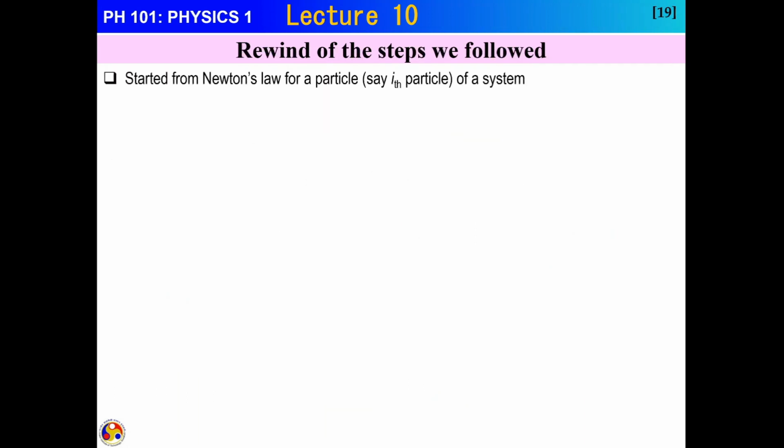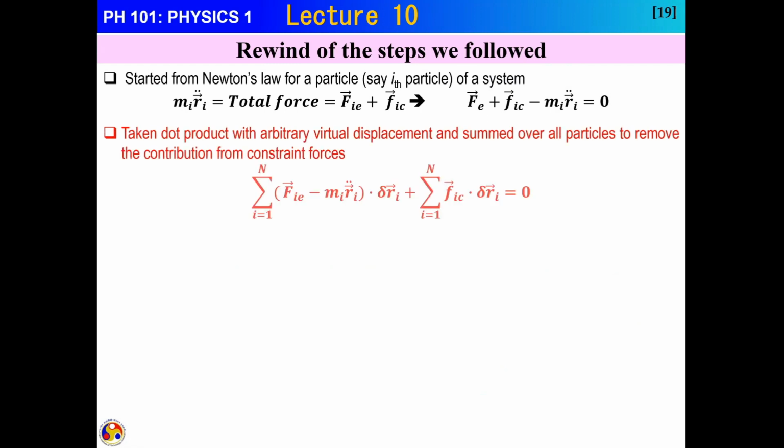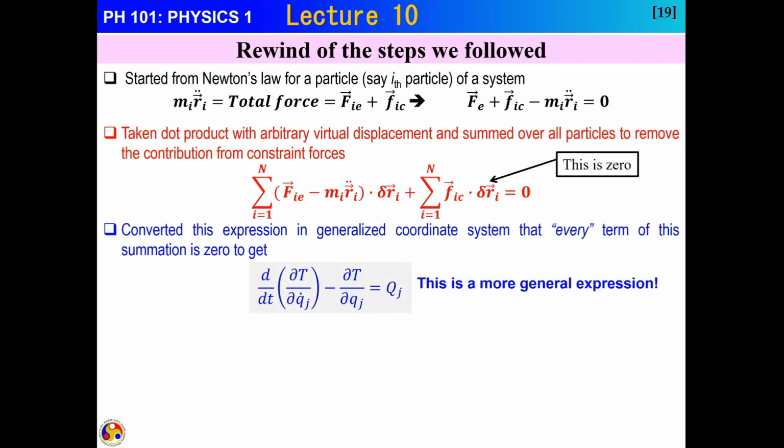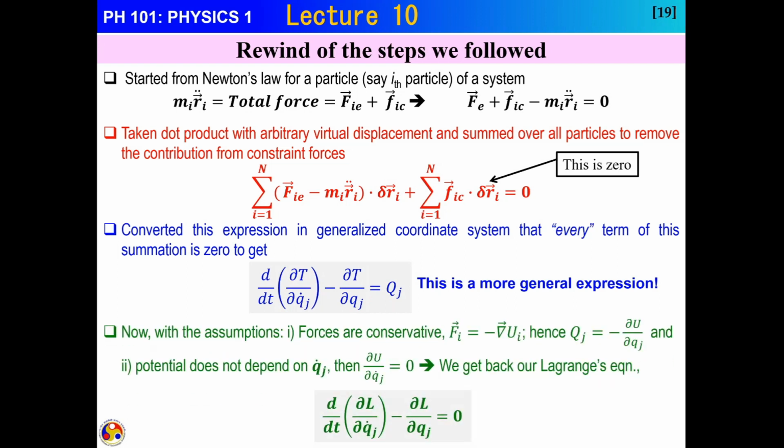So now if we rewind back to what we have done in this class, we started from the simple concept of virtual displacement and the associated virtual work done, and then brought in Newton's law for a particle of a system, and then put it together with the virtual displacement, with the constraint forces of a given static system being 0, and that letting the first term in this equation be brought into a generalized coordinate system for a more general expression with the qj.